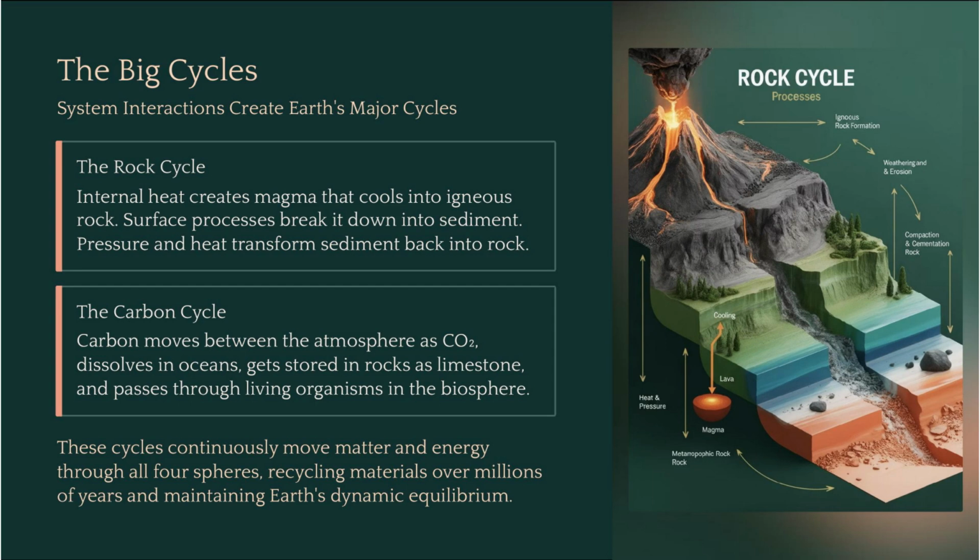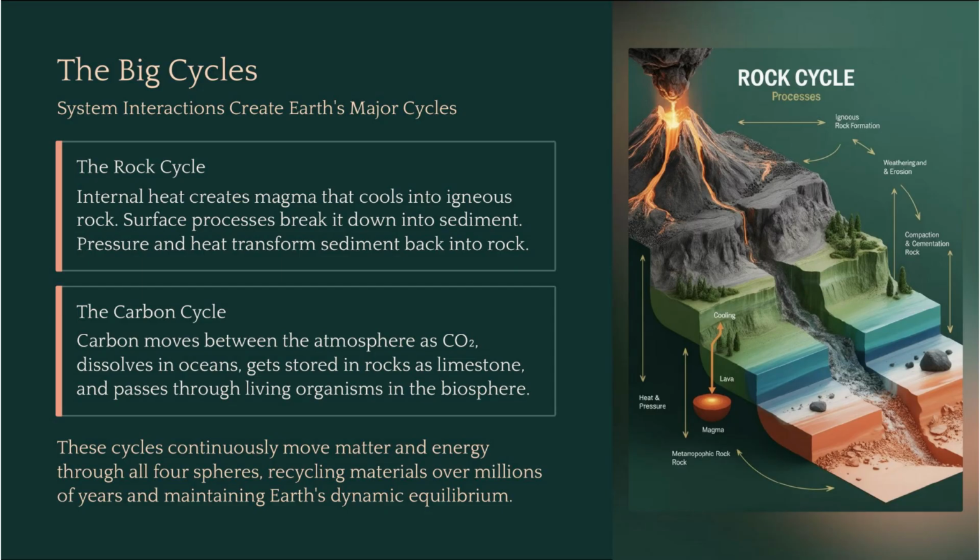When you put all these interactions and engines together over millions of years, you get Earth's big recycling programs. The major cycles. The rock cycle is the perfect example. The internal engine, heat, melts rock into magma, which cools into new igneous rock. Then, the external engine, the sun, powers erosion, breaking that rock down into sediment.